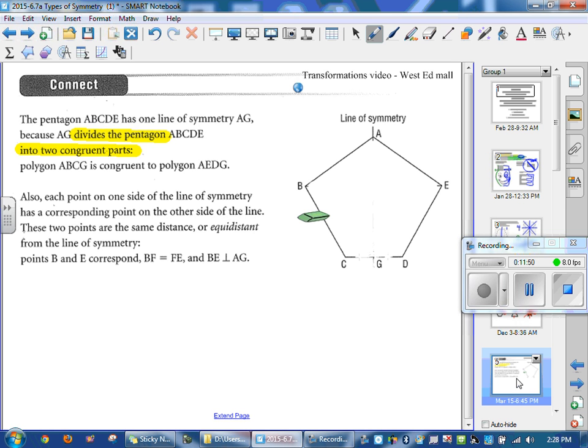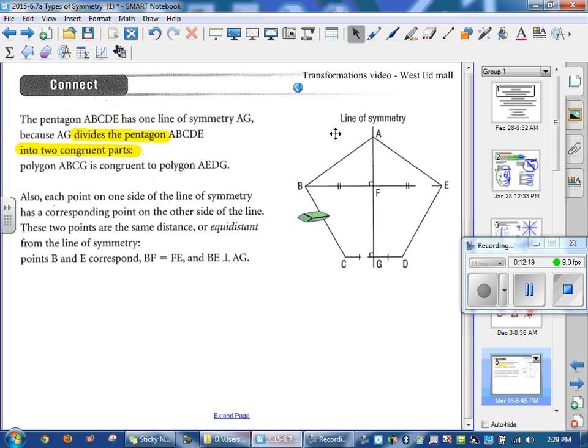So in this one, I'm going to show all of my lines. Now, there's one line, vertical. But what if I join these ones, B to E? Is that a reflection line? No. How come? Exactly. If you fold it in half, it doesn't cover itself exactly the same. There's still parts of it sticking out.